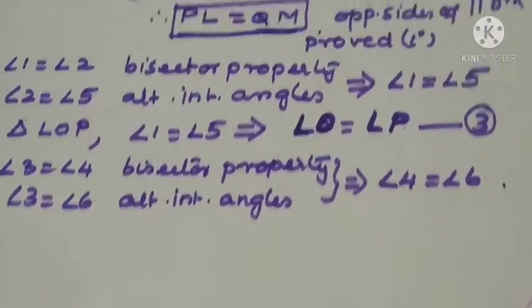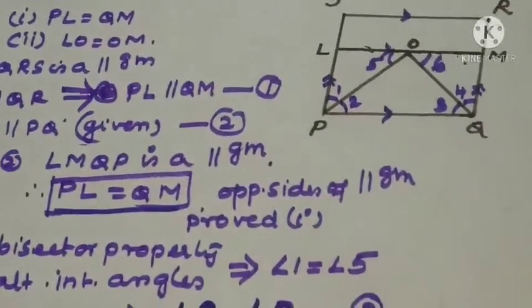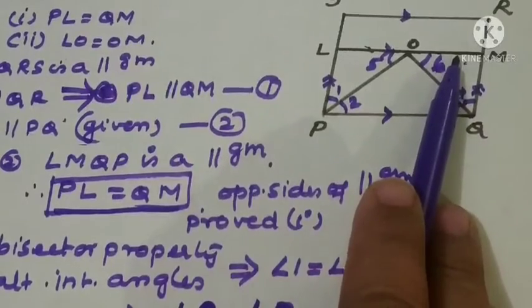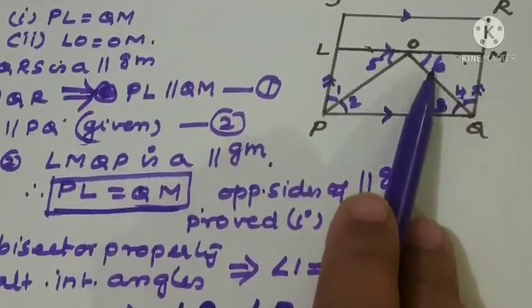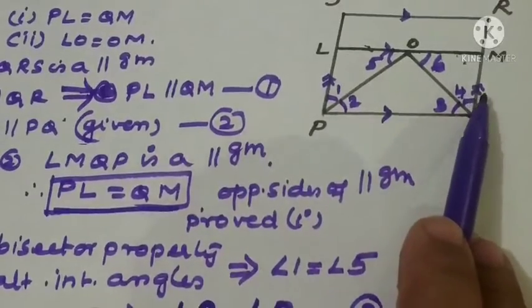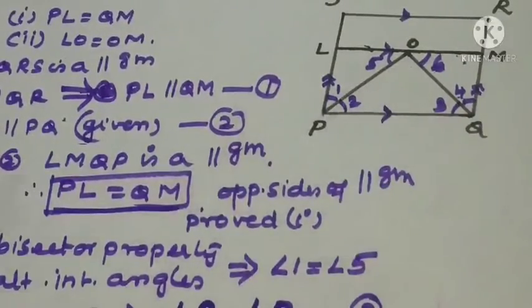Now let us see the diagram once again. That is 4 and 6 are equal means which are the two sides equal? Angle 4 opposite to which side? OM. Angle 6 opposite to QM only. So what we can write? QM and OM are equal.